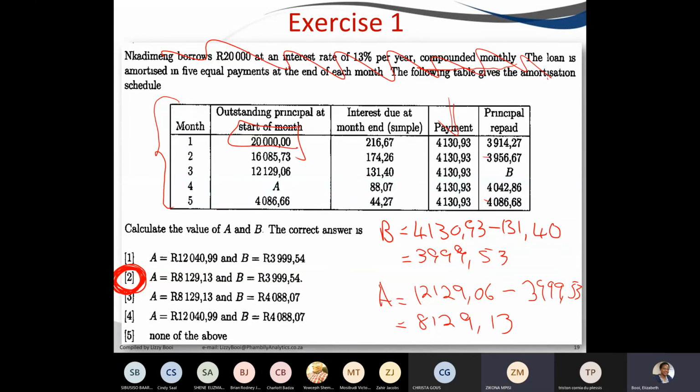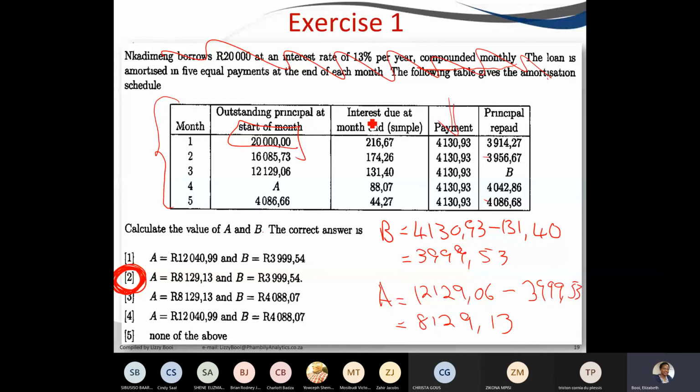20,654. Okay. If you add the 3,914 plus the 3,956 plus 399.53 plus 4042.86, I think it will give you 20,000 plus 4086 equals, no, it doesn't.